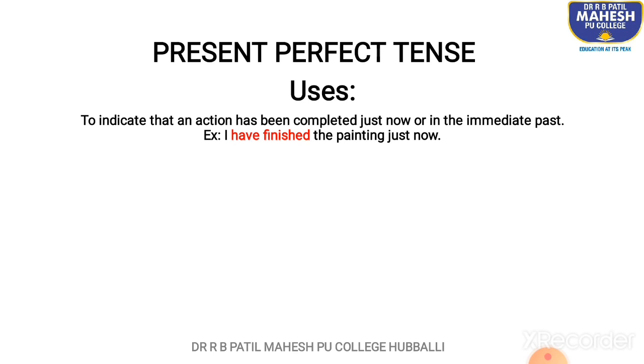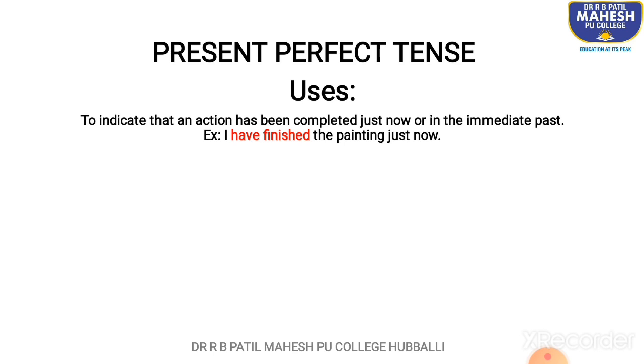I have finished. So, one thing has to be always kept in mind: when we speak of the perfect tense, present perfect, we have to use have or has according to the subject, and the third form or the past participle of the verb.